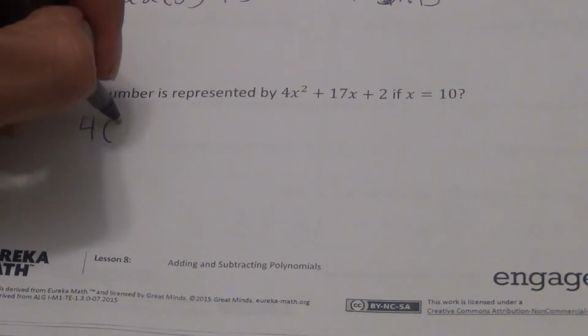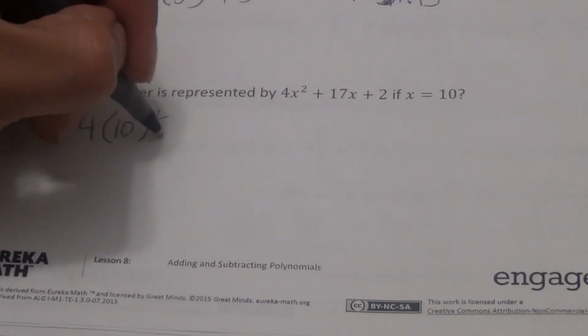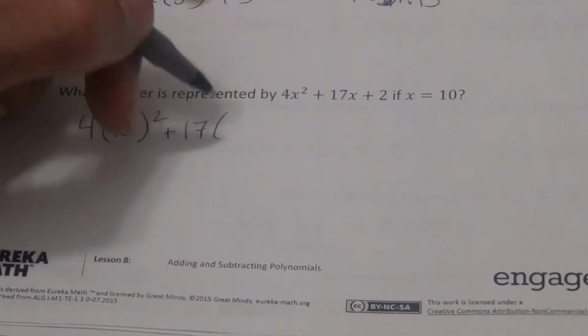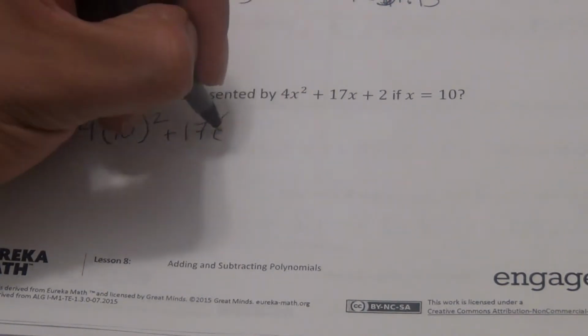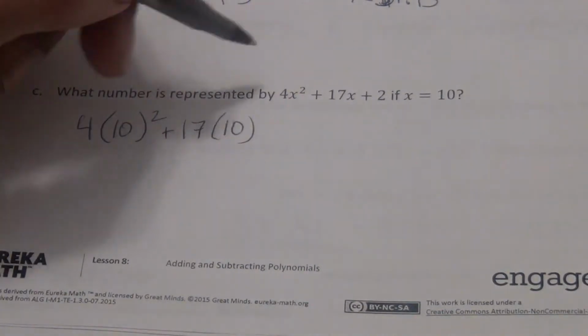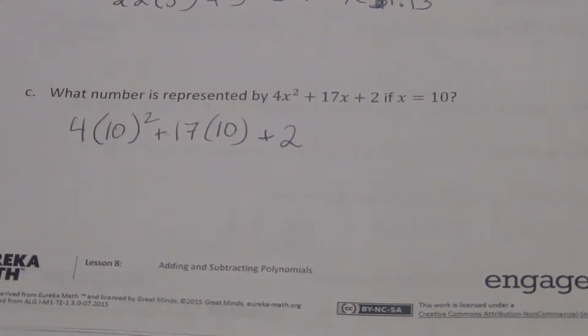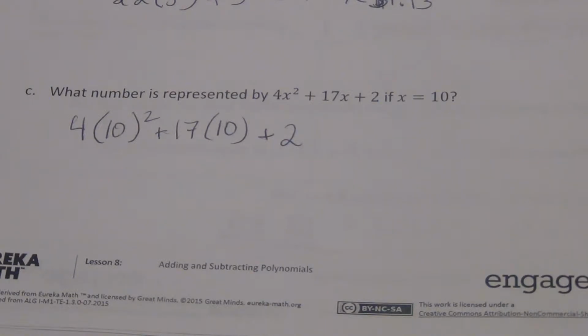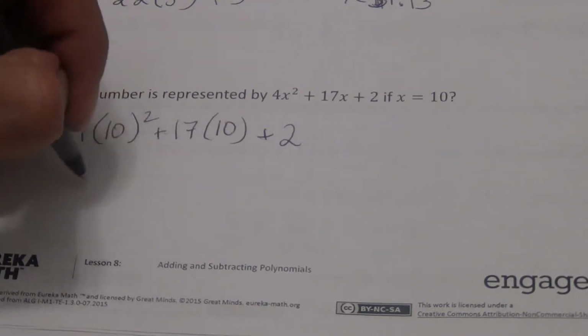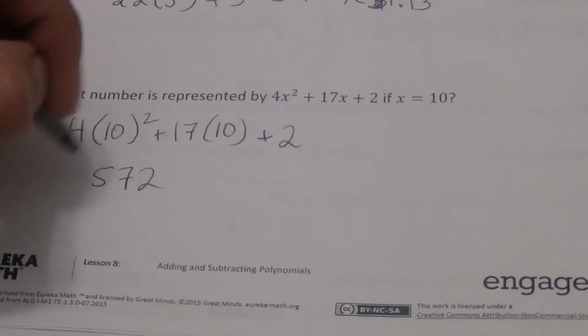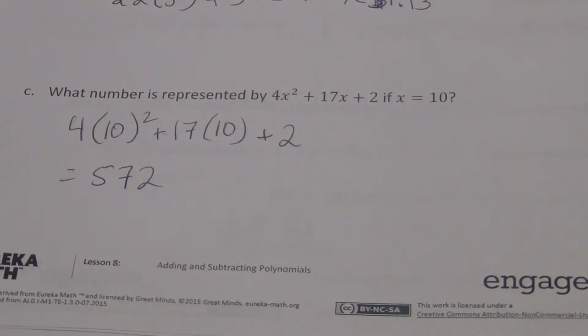So 4 times 10 squared plus 17 times x, which x is 10. So it's 17 times 10 plus 2. And that equals to... Cool then. Alright, so we got that one.